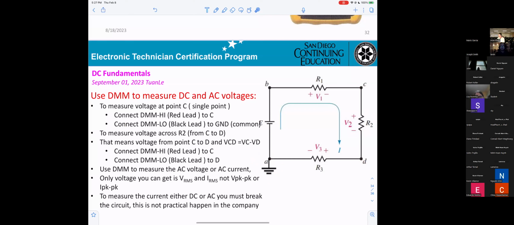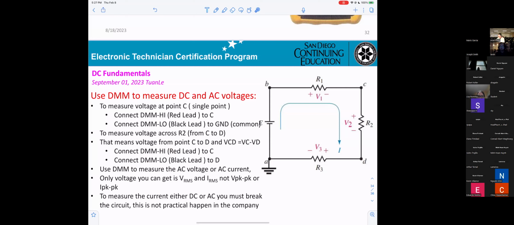Any single point you want to measure, the low side of the meter has to be common ground. That's what they're telling you here. The DMM measures AC voltage and AC current.